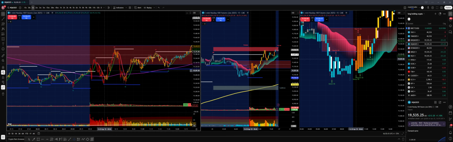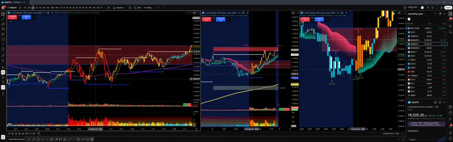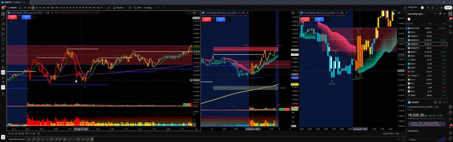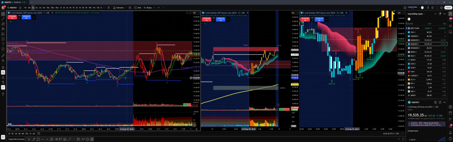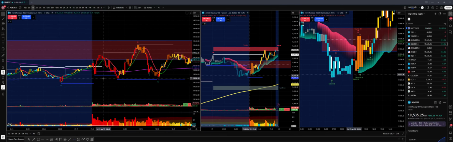Matter of fact, I'm going to start a funded account so you guys can see how that works. I'm going to do payouts. I'm going to follow all the rules that they have in there, and I'm going to show you guys the rules of the strategy and how well this strategy works and how you can get funded and pass combines and all that other stuff. And with the strategy, you could pass combines without a doubt.